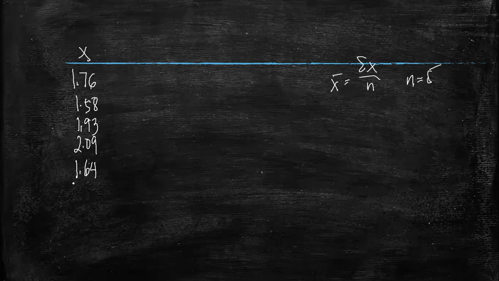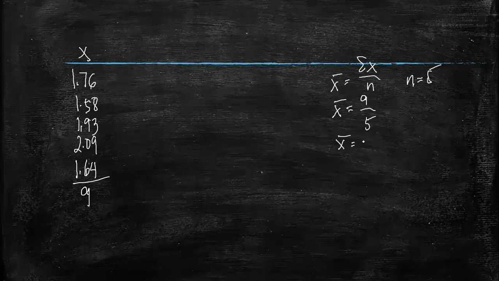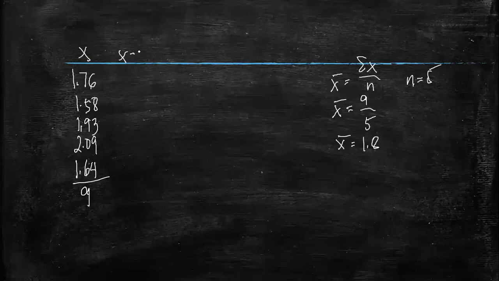So, ilan pa ang sum? 9. Okay, 9. So, x bar is equal to 9 over 5. Our x bar is equal to what? 1.8. Okay, so meron na tayong x bar.